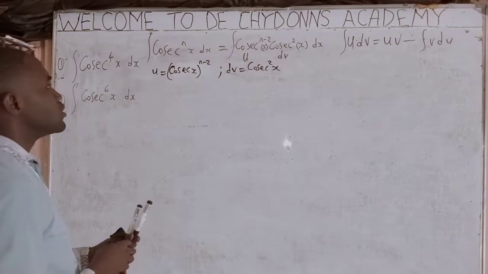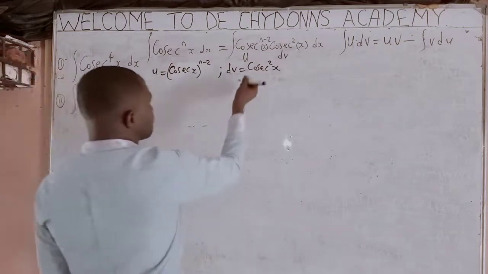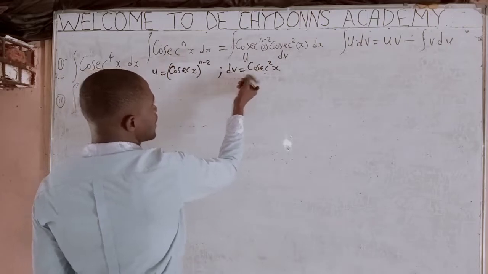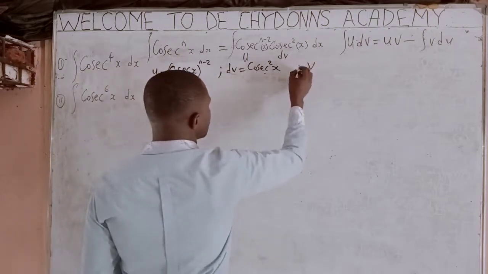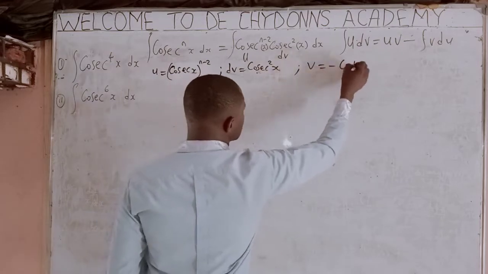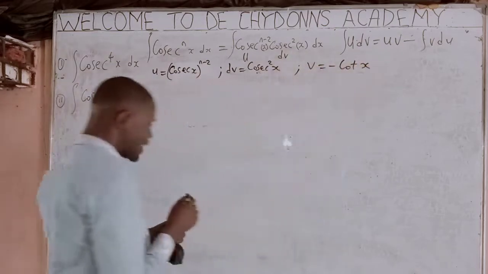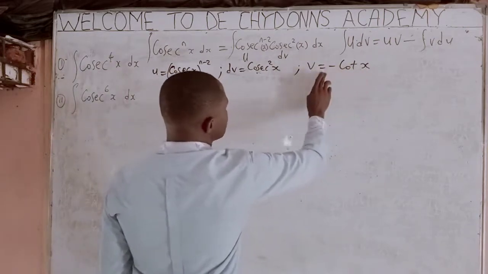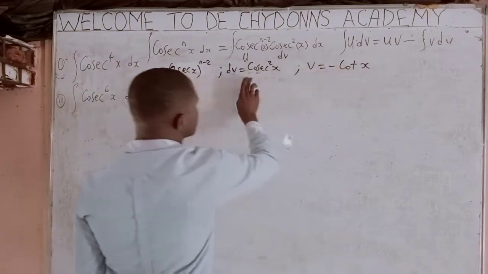Okay, that means this is differentiation of v already. So if you integrate it, you have v. Integration of this is equal to minus cot x. That is because differentiation of minus cot x is cosec squared x.